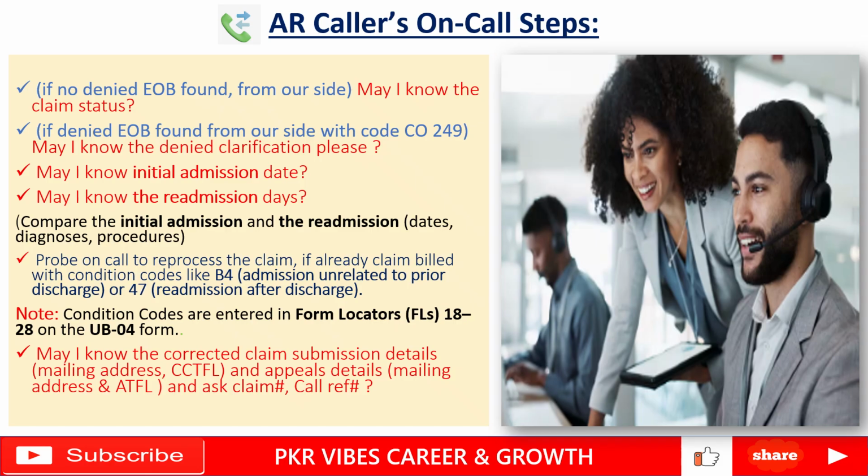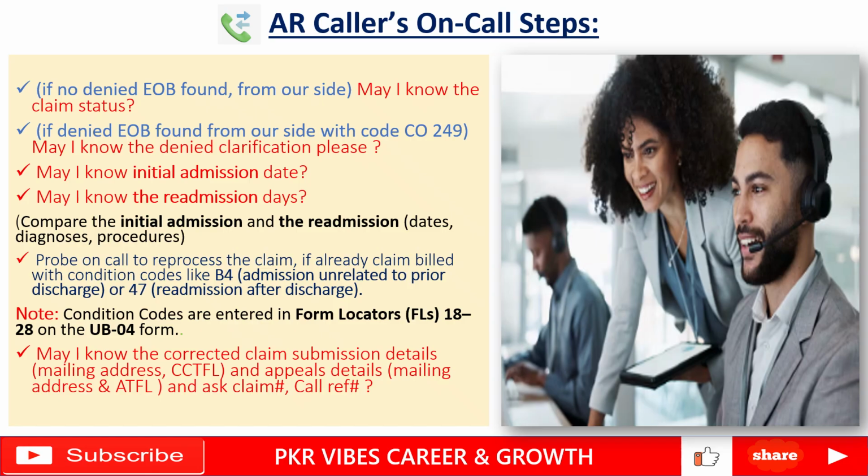For example, if the initial admission is before and the readmission is within 30 days, how can you identify this? If you verify over the phone call and understand the days duration, then you can understand. So the initial admission date is before 30 days, for example.